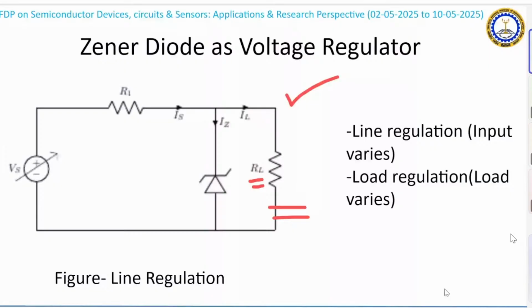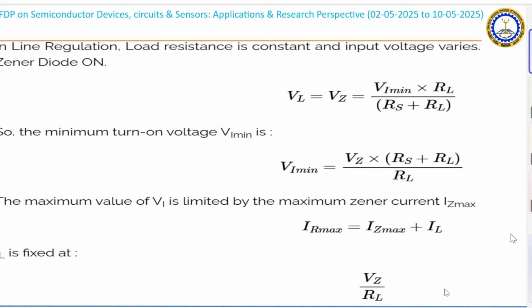The safety resistance R1 is fixed, right? So in this particular circuit, if I want to figure out what will be the current IL, how am I going to determine it? How can I determine that? Can I apply KVL directly? So here, this is what we can offer.